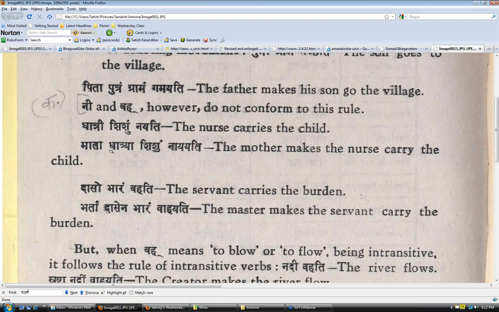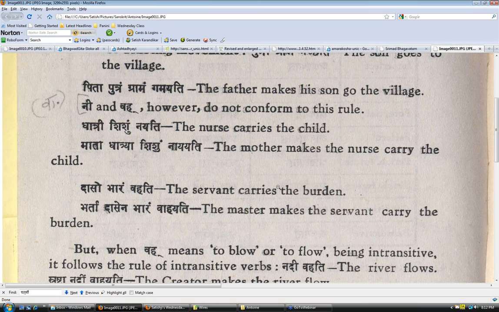Mata dhatriya shishum nayati. So mata is the prayojako hetuho, she is the hetuho, and the dhatri was the anikarta. So she retained the karta sanya. She worked at the vartikam. She bypassed 1452, and then kartikarana stitiya dhatriya. So mother makes the nurse carry the child.